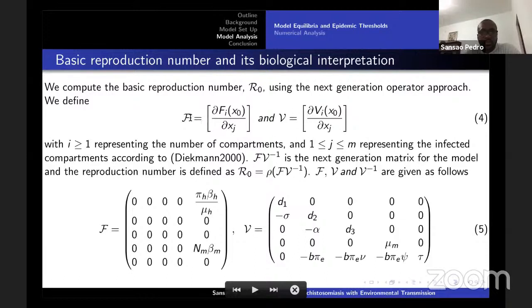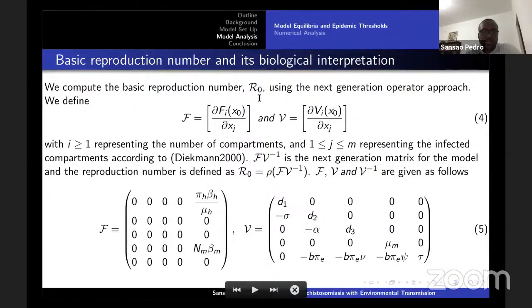Then we have a vector which represents the various stages of our system, and from that system we can find the Jacobian. Then we evaluate it at the disease-free equilibrium.